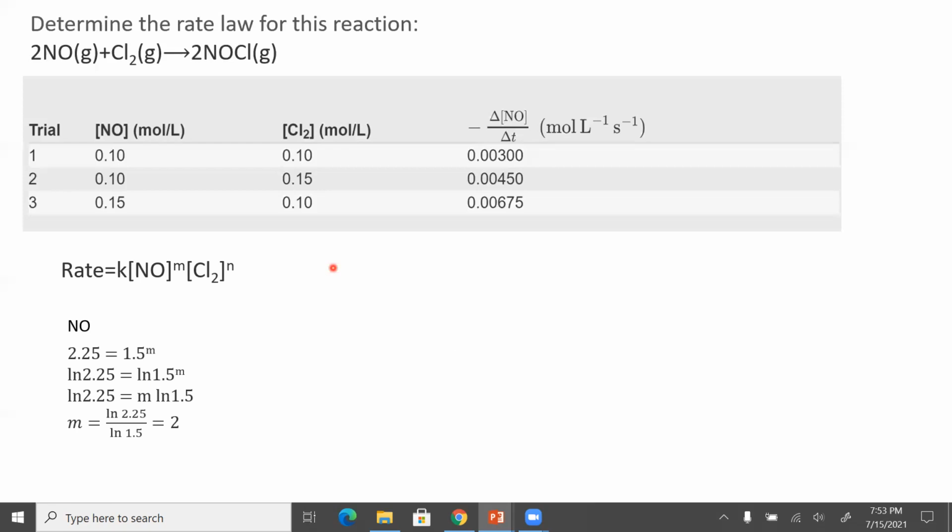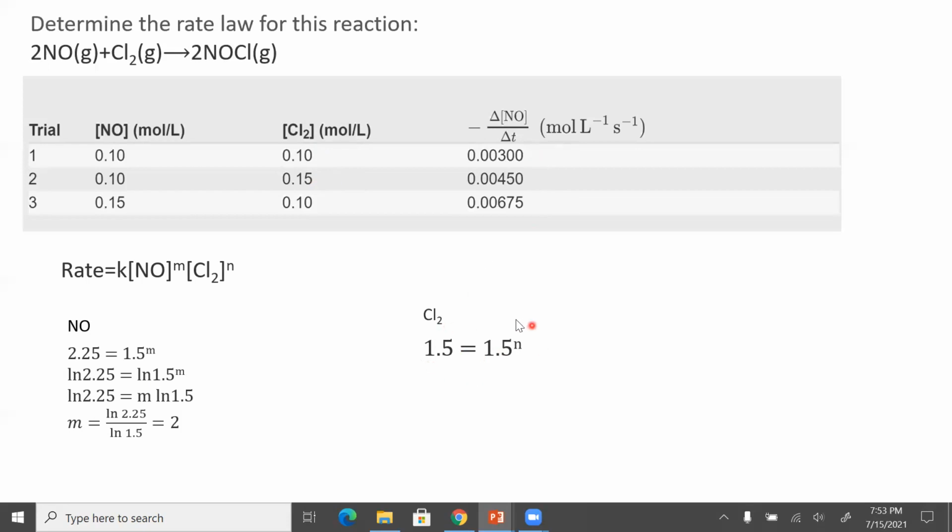So which 2 trials would we want? Okay, we would want to compare 1 and 2. So 0.15 divided by 0.10, that gives us our concentration. And 0.0045 divided by 0.00300 gives us 1.5.